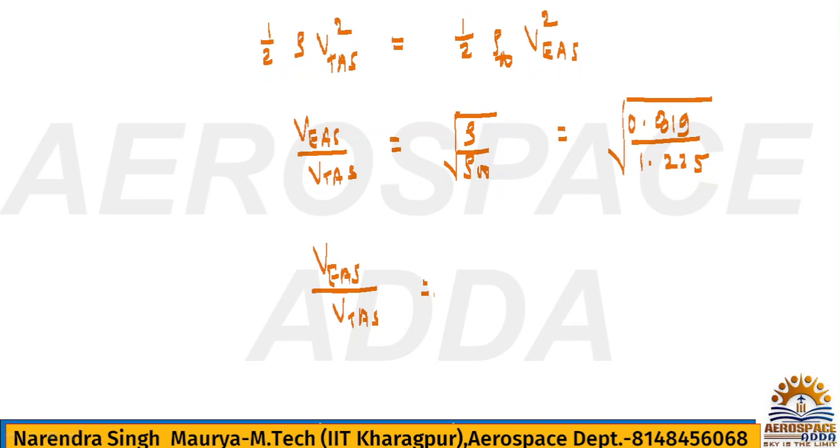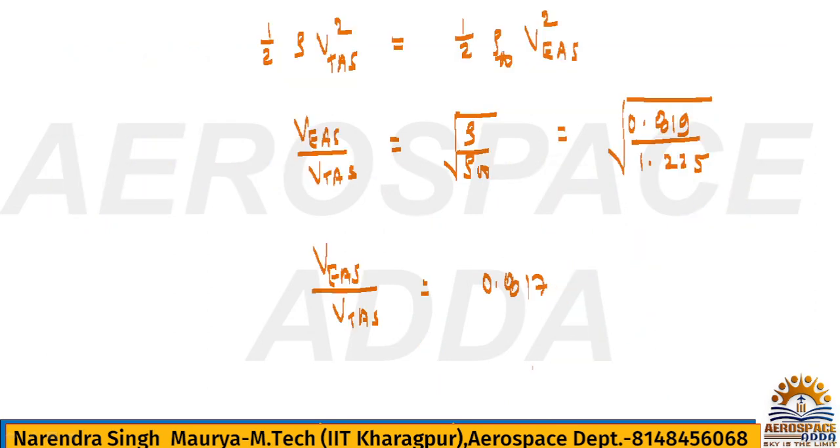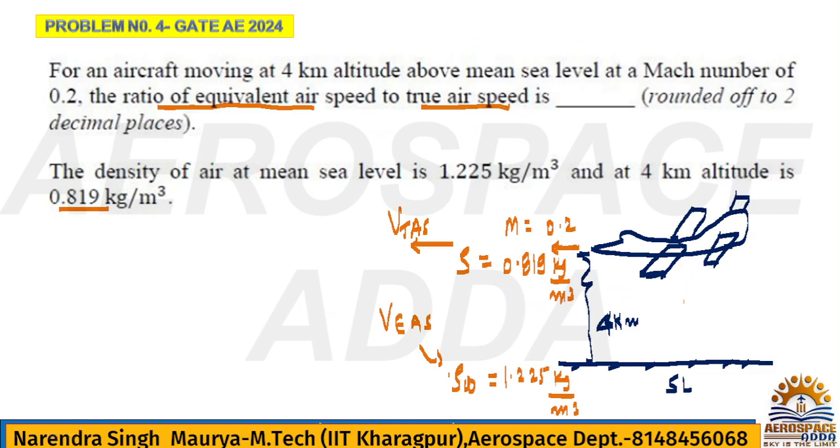Take root of it. It's 0.8176. They are saying round up to 2 decimal places. So if you round up to 2 digits, it is 0.82. What is your answer here? It is 0.82. This is the answer.